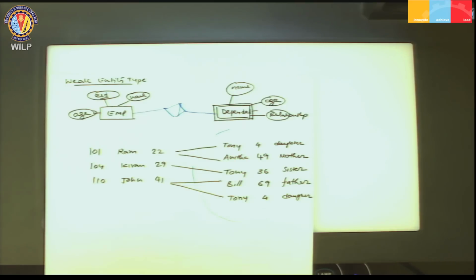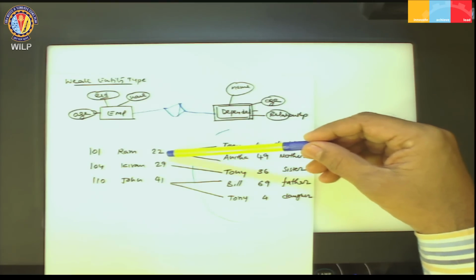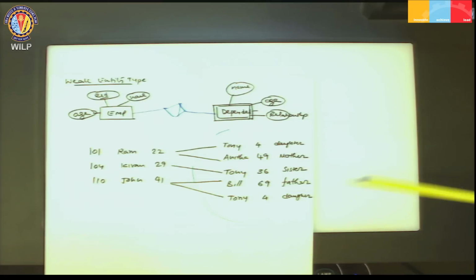If you look at this particular Tony, 4 years, daughter, this weak entity is associated with one instance of the strong entity type, whose name is Ram and whose employee ID is 101. Similarly, any weak entity definitely has an association with some strong entity of some strong entity type. In this case, it is employee. So employee is the owner entity.